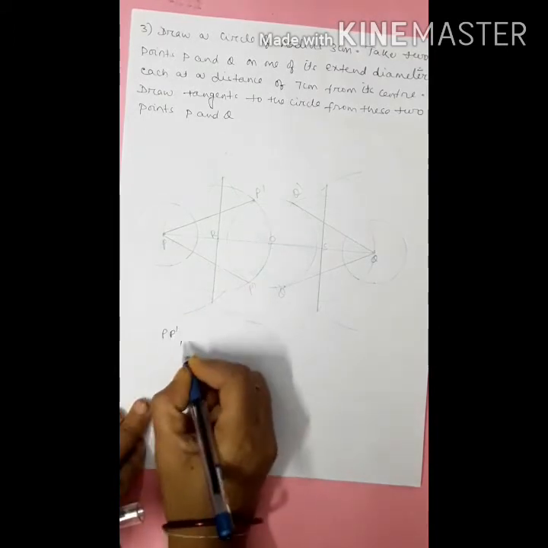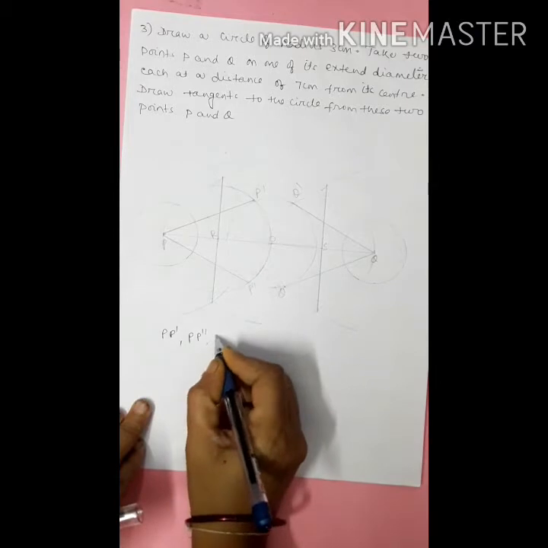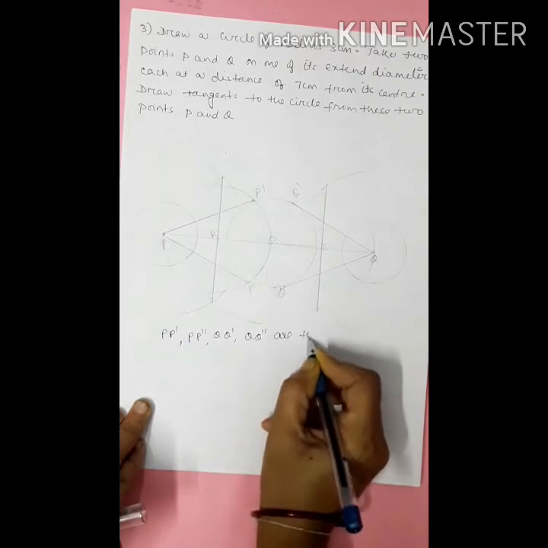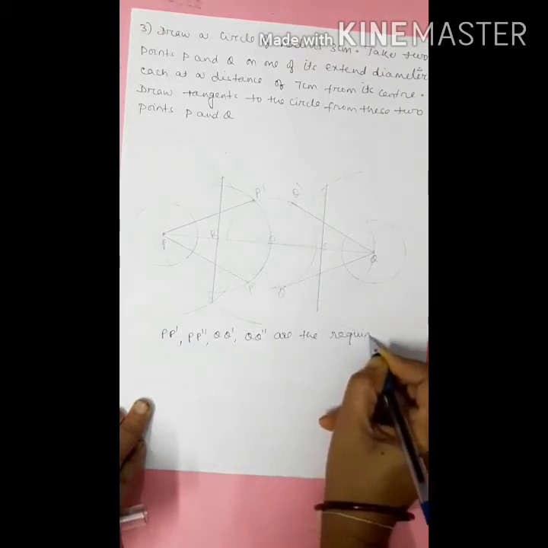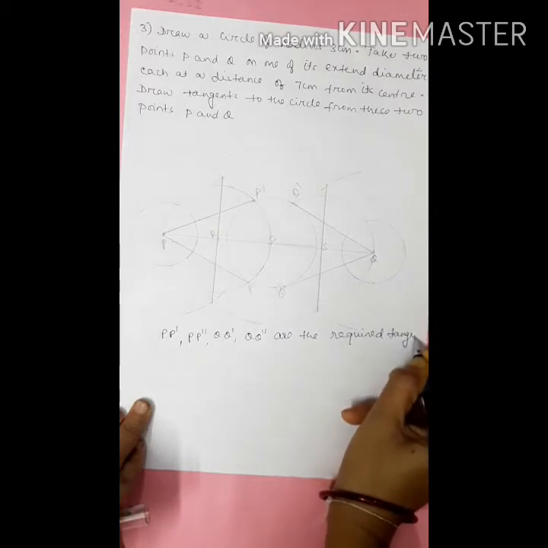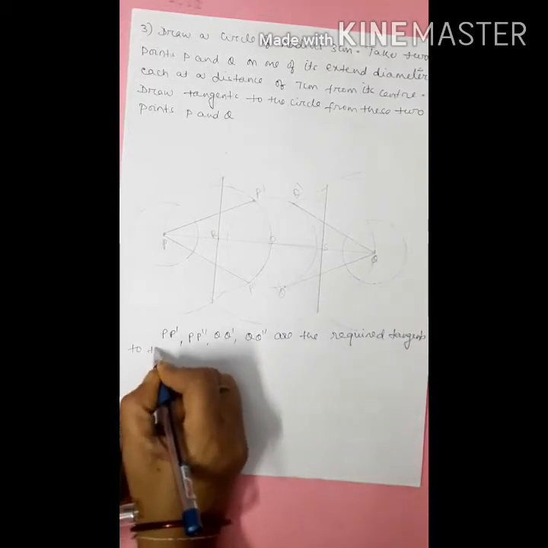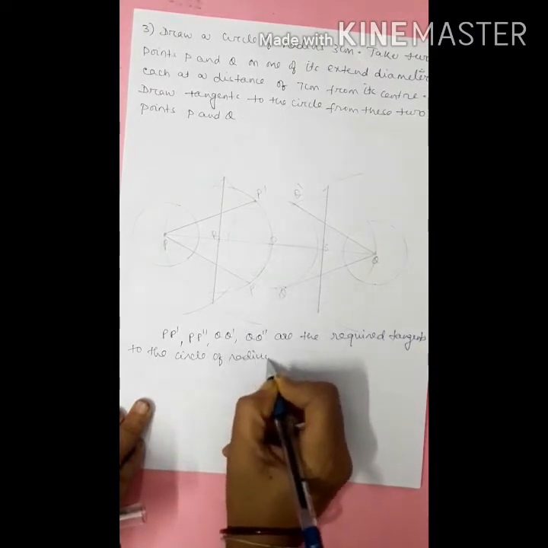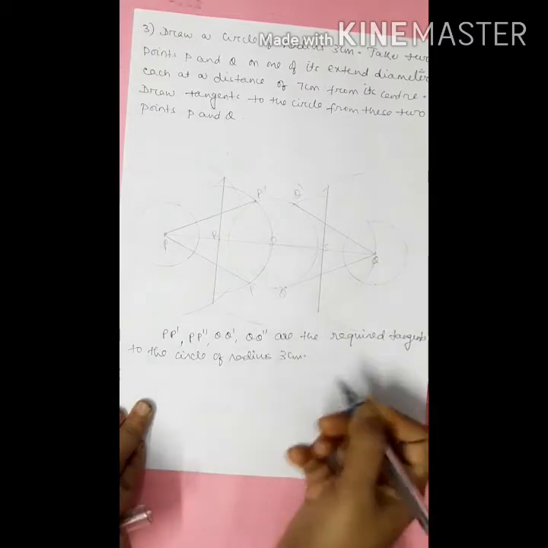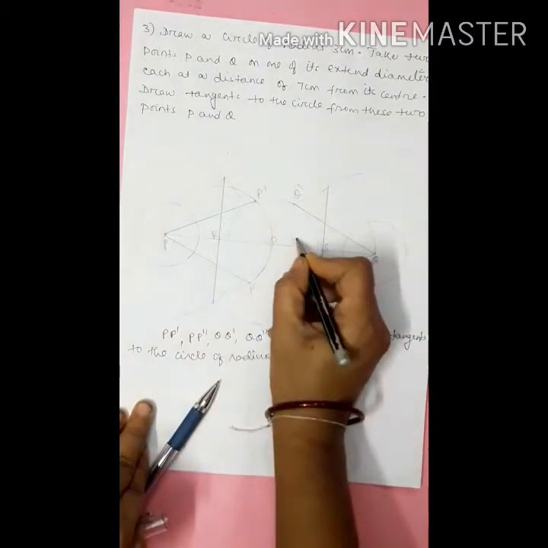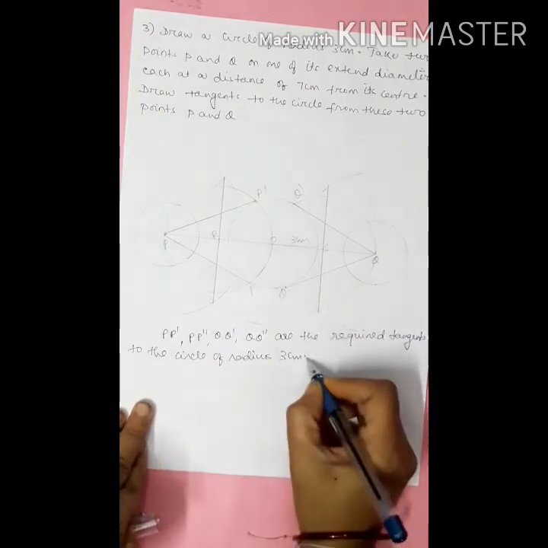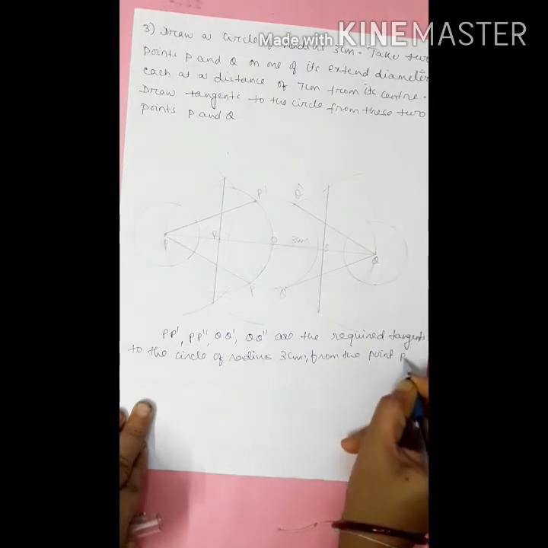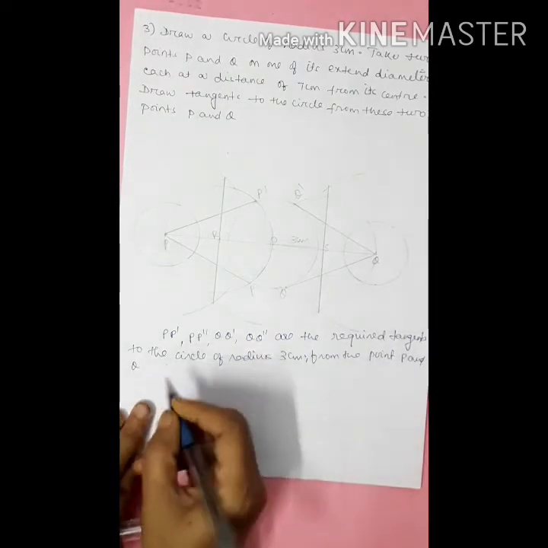P dash, P double dash, Q dash, Q double dash are the required tangents to the circle of radius 3 cm, from the points P and Q. Next, what is asked is the justification.